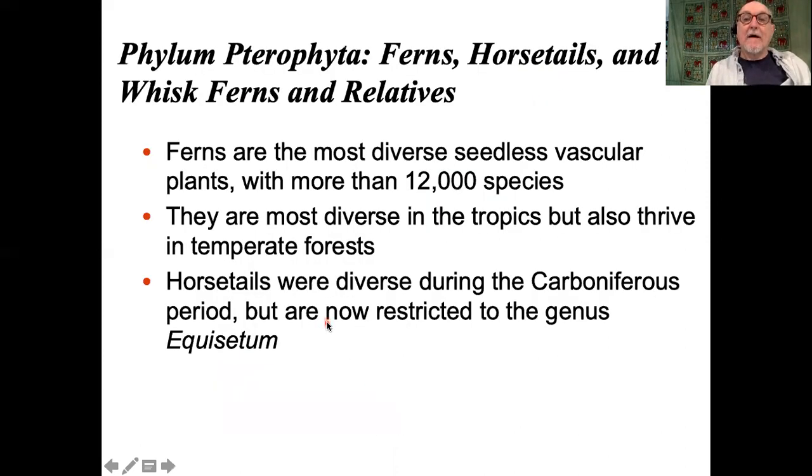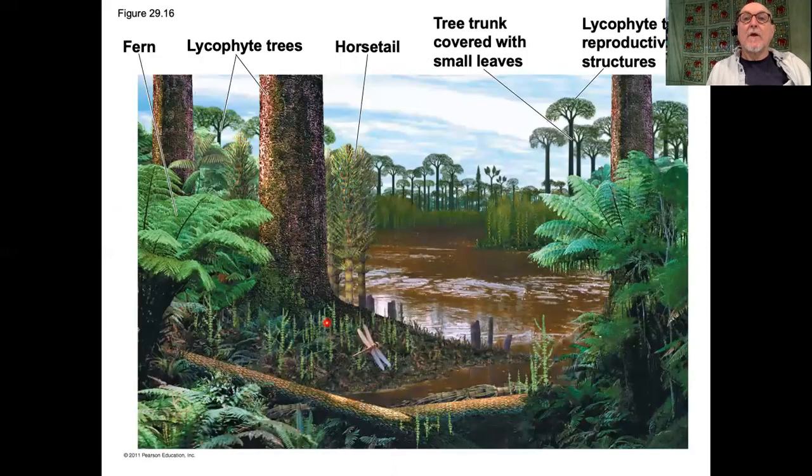I thought I had a picture. Yes, I do. So here's a Carboniferous period forest, and it's quite extraordinary, especially because of the size of some of the plants. These are actually Lycophytes.